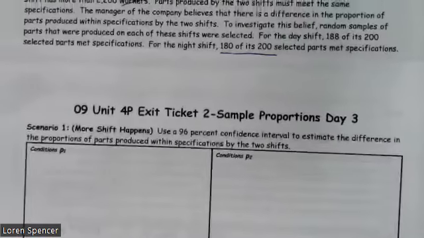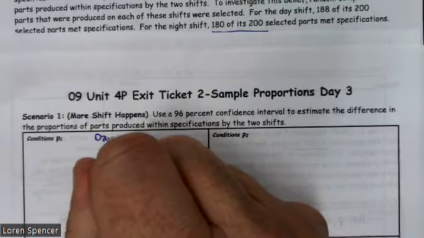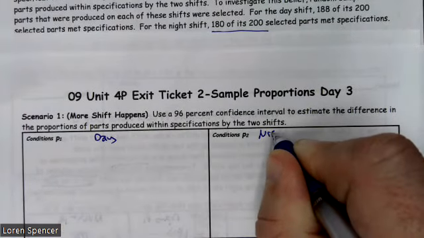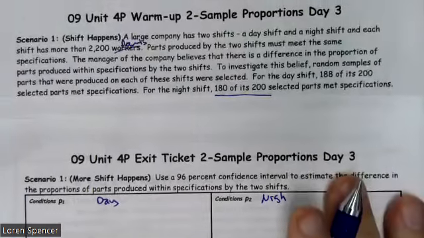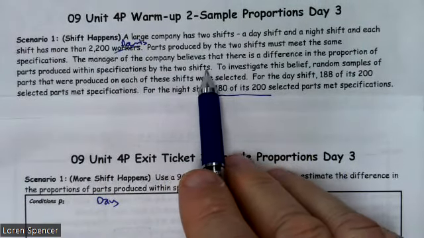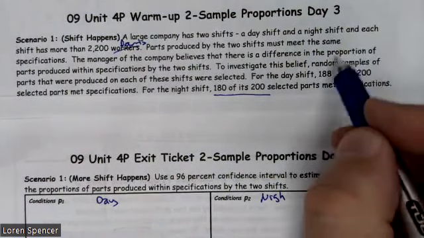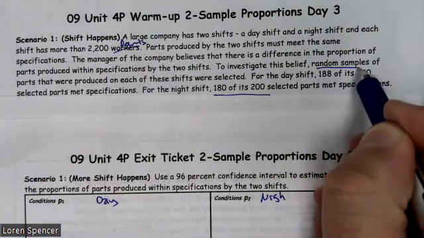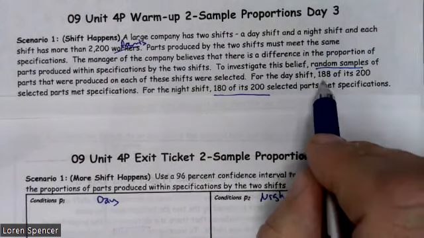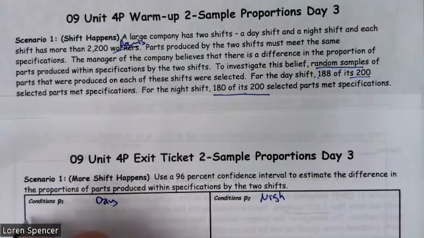All right, our conditions. So I'm going to make this my day shift conditions, and this my night shift conditions. When I go back and look, it says to investigate the belief a random samples. So this right here tells me I have more than one random sample, and one is of size 200, and the other size of 200.